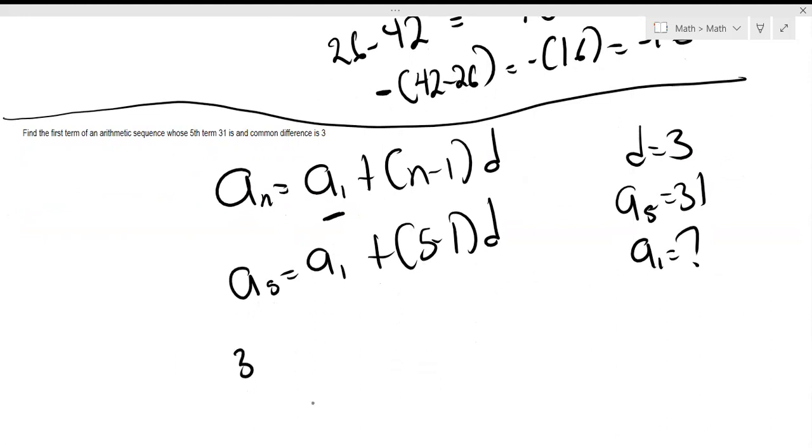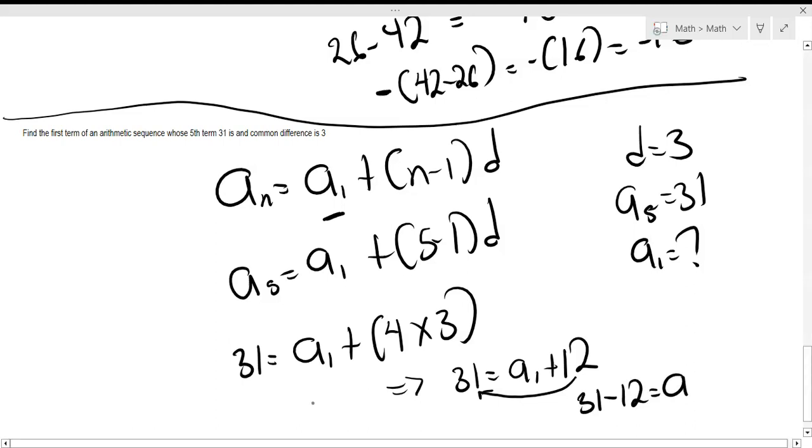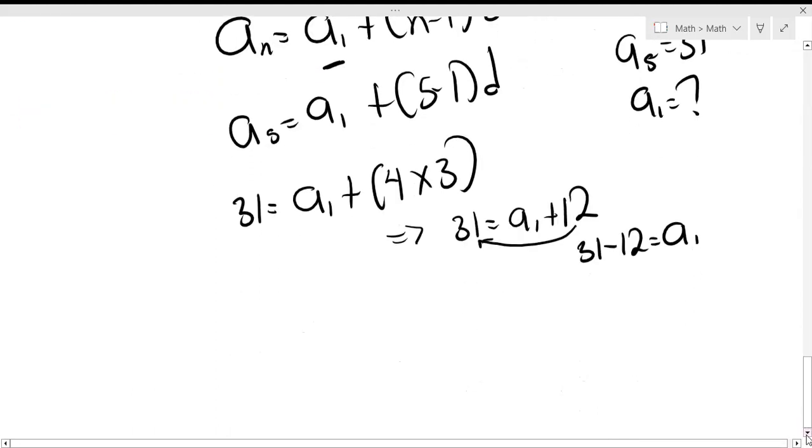So we'll put our values now. 31 is equal to a1 plus 5 minus 1, that's 4, times our d, which is 3. So 31 is equal to a1 plus 12. We want a1 to just be on this side, so we bring this here and it becomes minus 12. So 31 minus 12 is equal to a1, and 31 minus 12 gives 19.